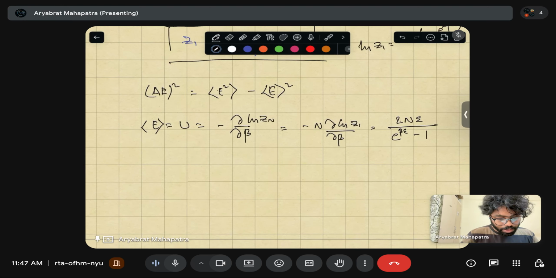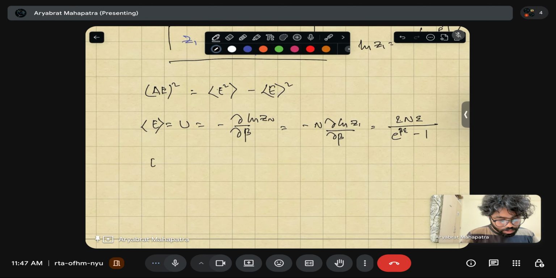Now what will be your E square average to get that. So your E square average is basically given as... so this is like your mean energy. So your mean energy, maybe I have missed out something.